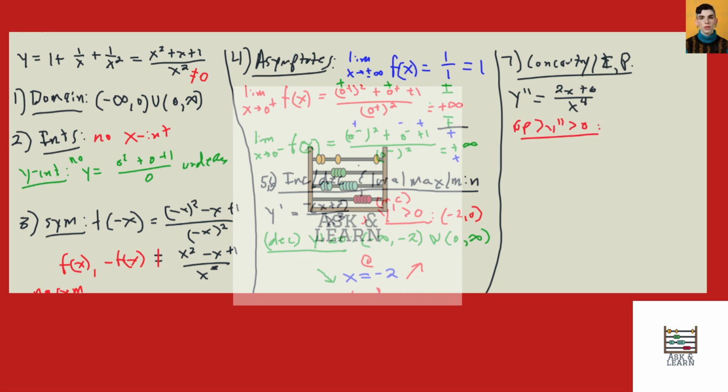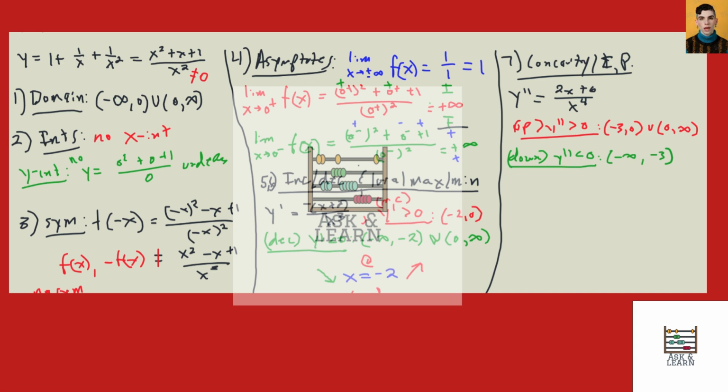And again, I went ahead and solved this, and this should give us negative 3 to 0 union 0 to infinity. And it's going to be concave down when y double prime is strictly less than 0, which is going to be negative infinity to negative 3.